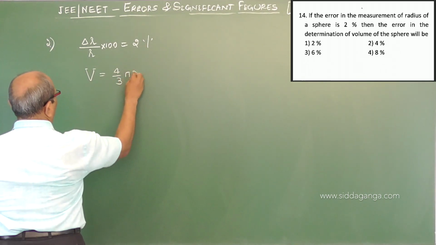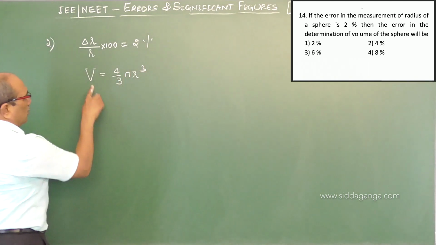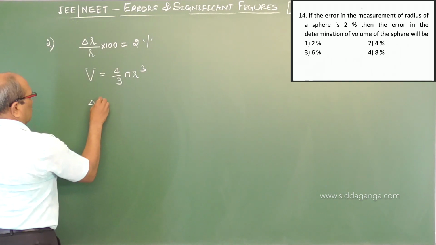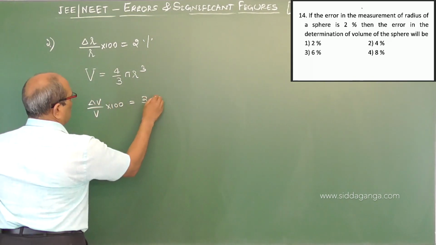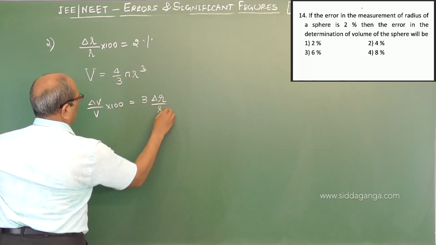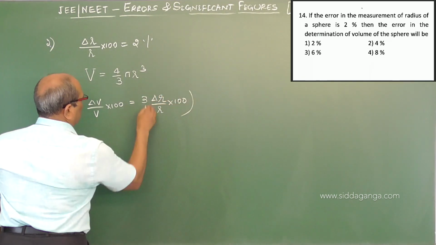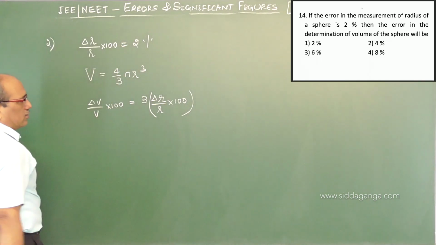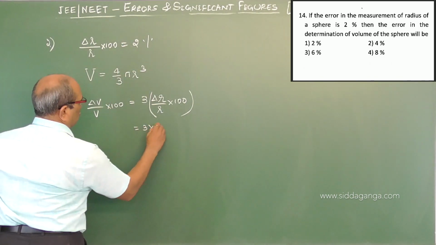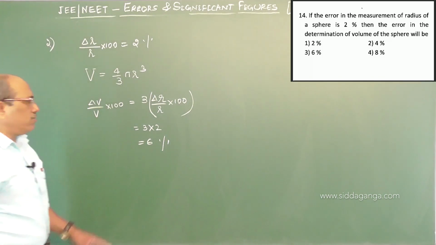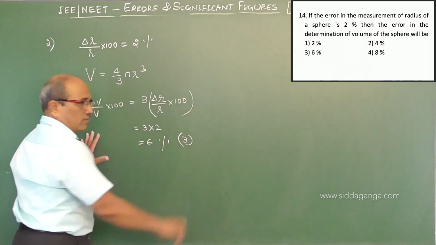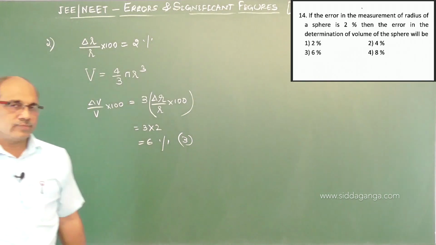First you write 4 by 3 pi r cube, which suggests the error in the measurement of volume gives you 3 into delta R by R into 100. But this they gave as 2%. Therefore 3 into 2 equals 6%. Option number 3 is the right one.